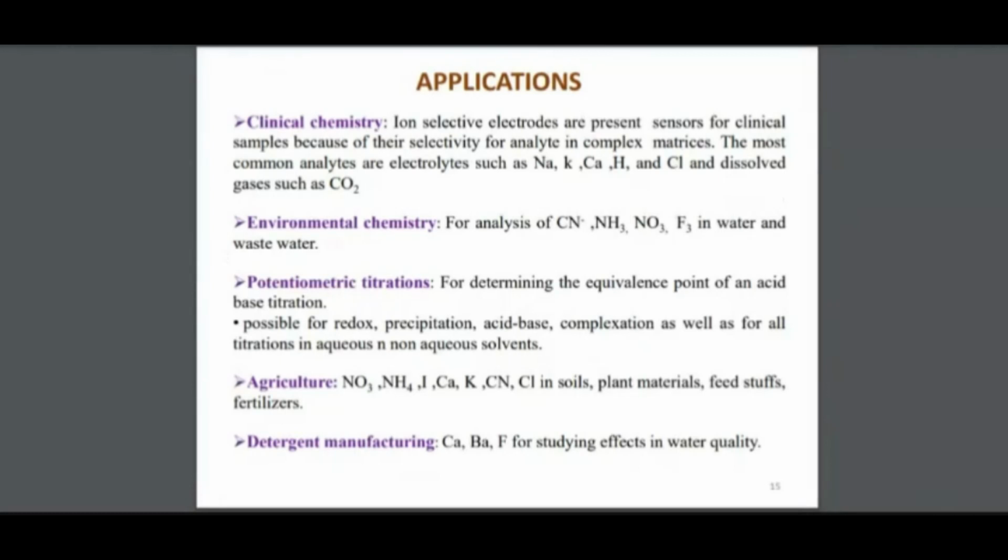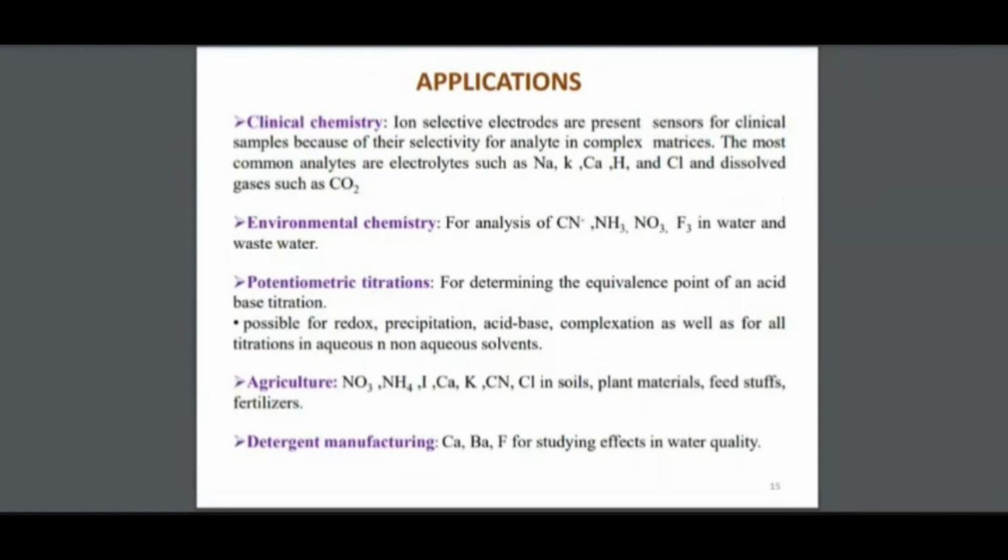So in biological samples many ions are present. So certain types of ions can be detected only by potentiometry. The most common analytes are electrolytes such as sodium, potassium, calcium, hydrogen, chloride, and dissolved gases such as carbon dioxide.